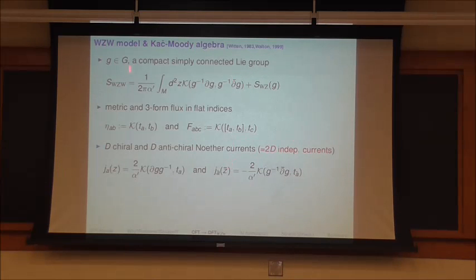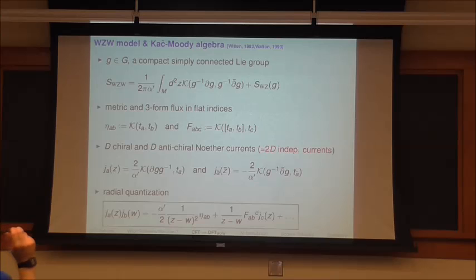And further, we can now study the symmetries of the theory. We will find out that we have d chiral and d antichiral Noether currents, and d is the dimension of this group manifold. So, for example, when we have an SU(2), we have 3 chiral and 3 antichiral Noether currents. And these currents are exactly what will give rise to the doubled number of coordinates later on.